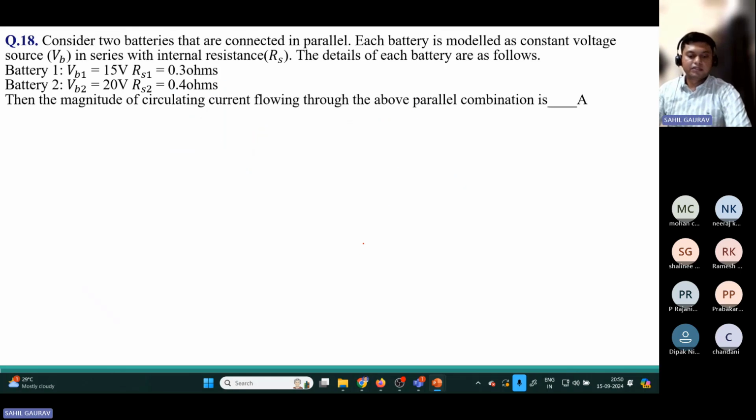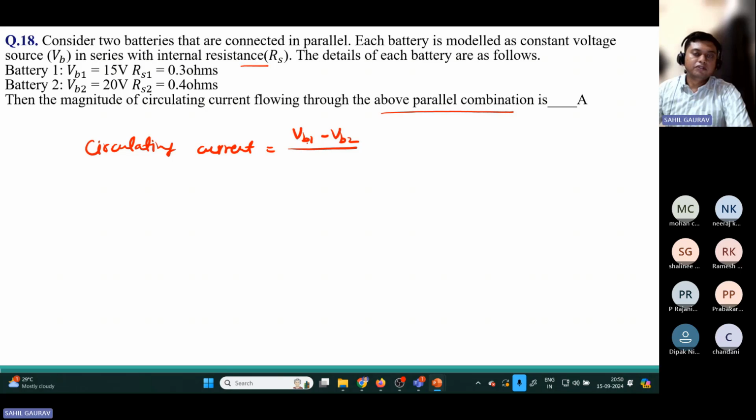Let us see the next problem. Two batteries are connected in parallel. Each battery is modeled as a constant voltage source in series with internal resistance, given. The voltage of each battery is given. The magnitude of circulating current flowing through the parallel combination? Circulating current will be V1 minus V2 upon RS1 plus RS2.